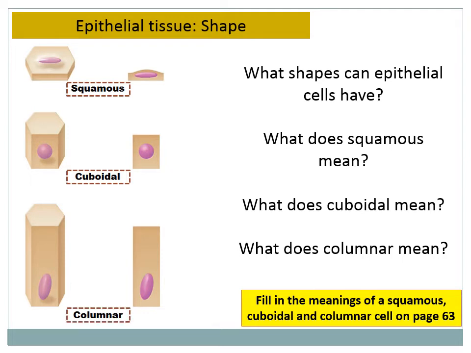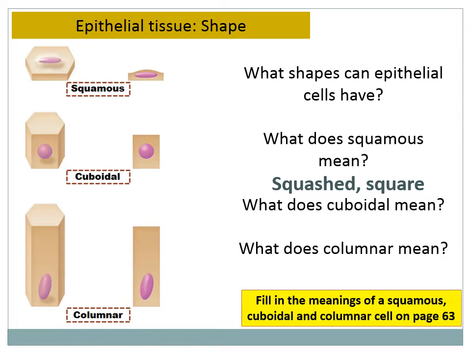So those are our different shapes. We can be squamous, we can be cuboidal, or we can be columnar. Looking at squamous, what does squamous mean? Yeah, I like to think of it as like a squash square. Like a squash square is a squamous cell. What about cuboidal?